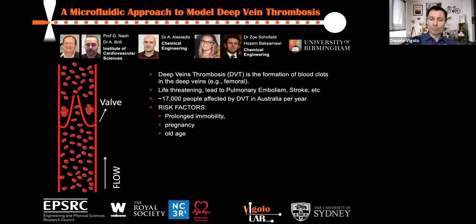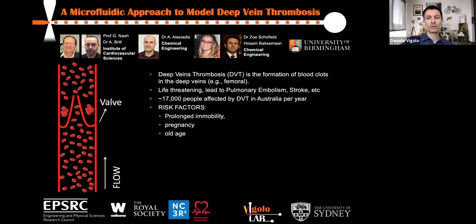But besides the vaccine, this is something that happens quite often in the population, and we know that there are some risk factors connected to DVT, for example, prolonged immobility, when people are bedridden after surgery, which is one of the main risk factors, but also pregnancy and old age are connected to DVT.